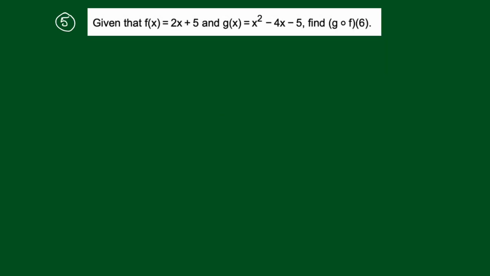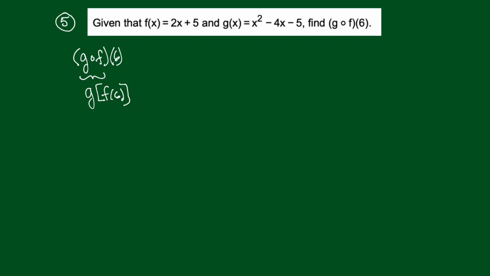In number 5 here, we've got another linear function and a quadratic function, and we're going to evaluate now, instead of f of g like we've been doing in the first few, g of f of 6. So here's the plan. I'm going to translate this first of all. So g of f of 6 means g of f of 6.